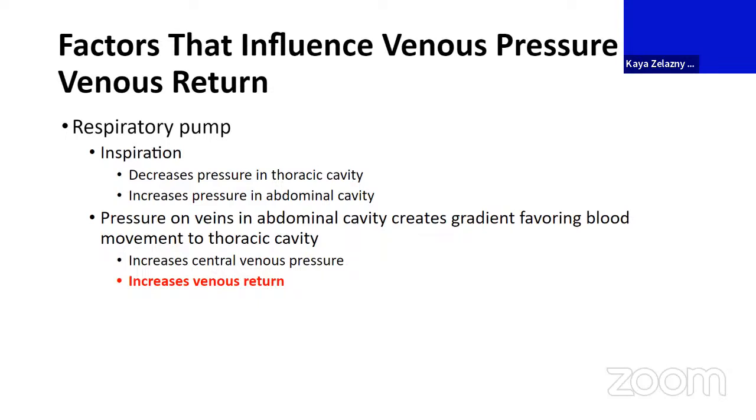So we use temporary increases in pressure caused by contraction of skeletal muscle, the skeletal muscle pump, and caused by changing pressures in the thorax and abdomen, the respiratory pump, to pull blood back towards the heart, to increase pressure in those veins right next to the heart once we get the blood there, which then helps us fill the heart with that venous blood. So that's overall how the system works.